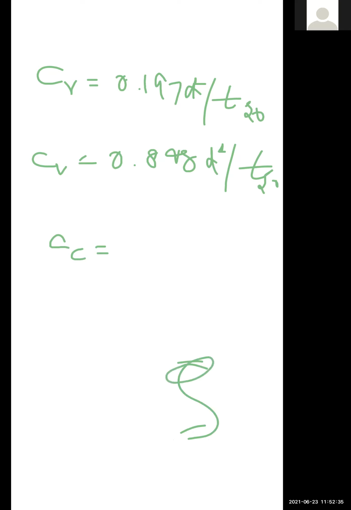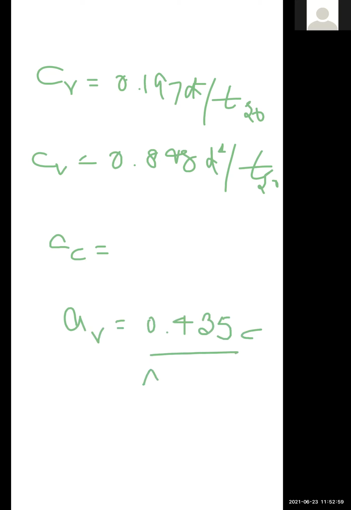Next is the coefficient of compressibility. It is calculated as av equal to 0.435 Cc divided by the average pressure for the increment.